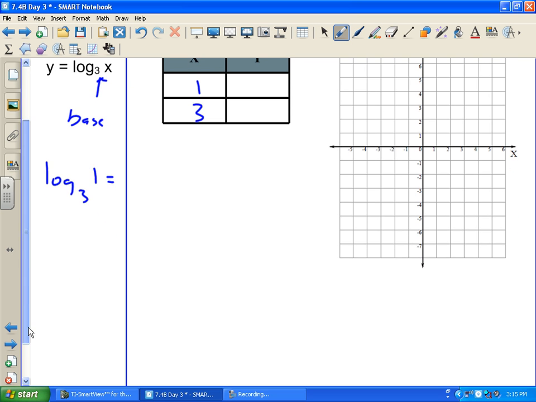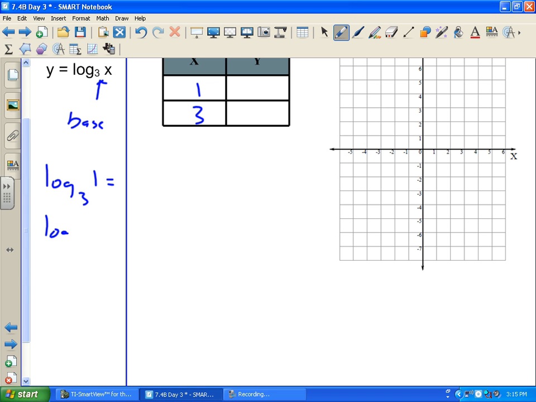The easy way to see that is saying log base 3 of 3 to the 0. By the way, isn't 3 to the 0 just 1? And we've done this work the last couple of days, rewriting to match the bases up. So the log base 3 of 3 to the 0 is just going to be what? That answer should be 0. There's my identity, and my answer is 0. Once again, log base 3 of 1 is 0.